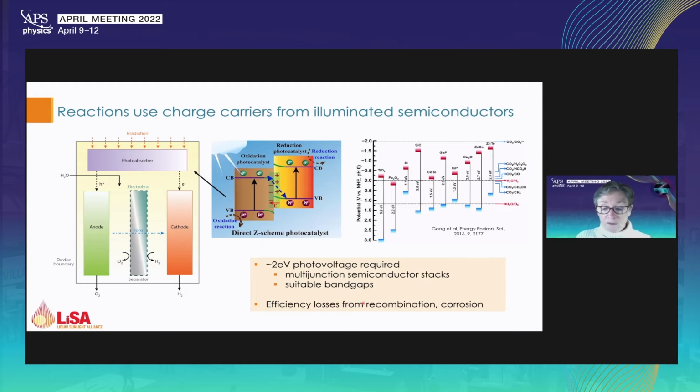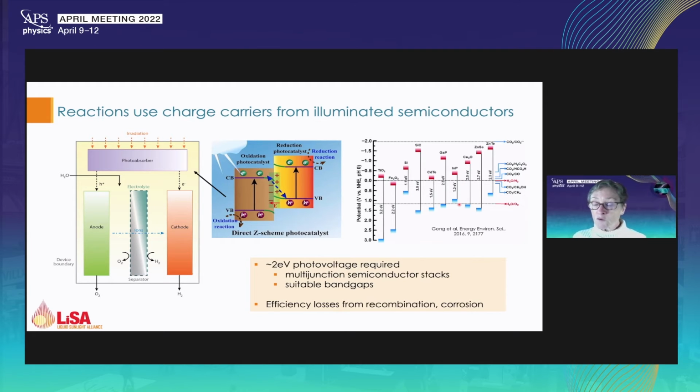Now, once you put these together, two things happen. One is that you have significant efficiency losses due to recombination of the charge carriers, and the other is you get a lot of corrosion. Anytime you send holes out to the surface here, you're going to be competing between a chemical reaction that you want and one that you don't want. So you need to have all of the band gaps actually straddle the potentials of the reactions that you want to drive, either of the stack itself or of the pure material.